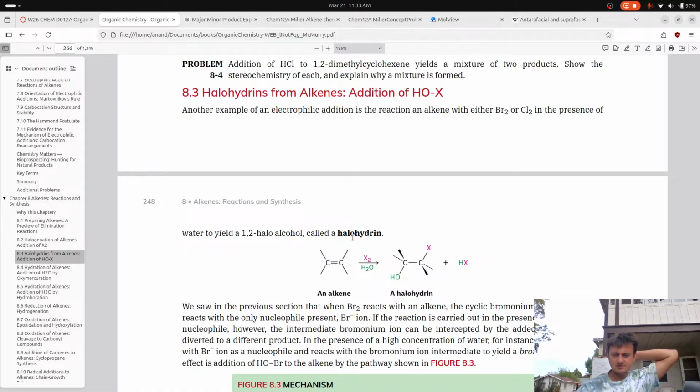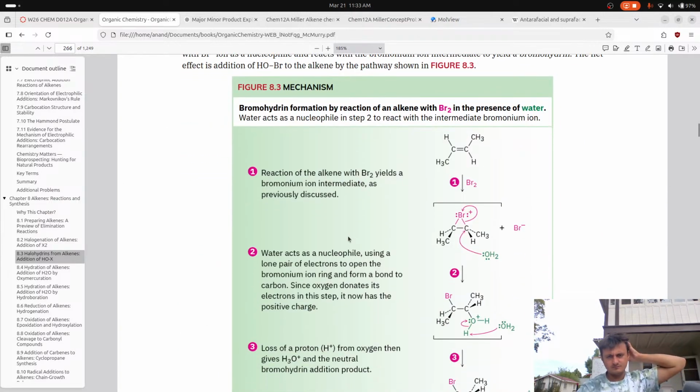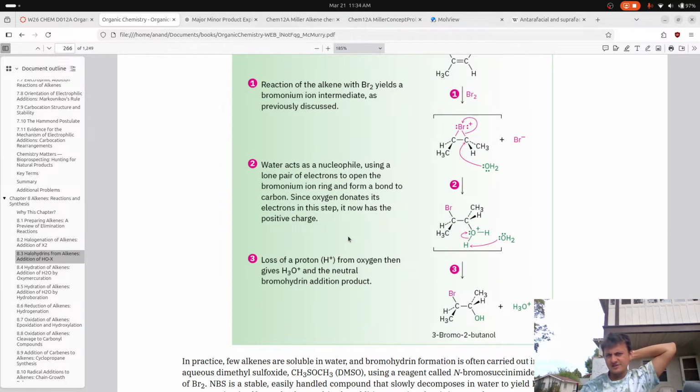So in this case, halo alcohol or a halohydrin. It's also adding XOH anti. So it's like the arrow is like a Br2 in water or something like that. So in all of these things, they're kind of just telling you, here's something that could happen.